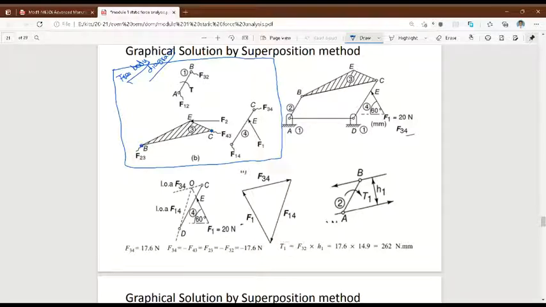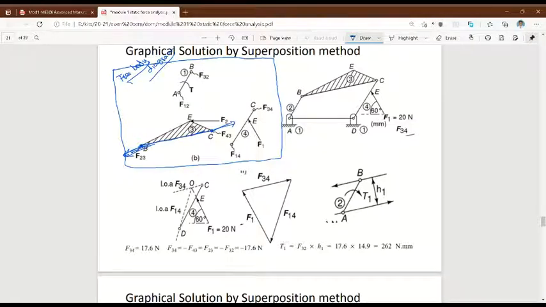If there is no force, then along this line forces will be acting, and here you will have F23, and along this line here you will have F43.